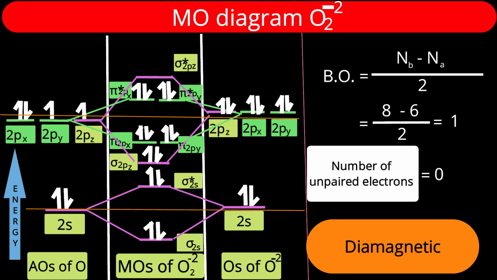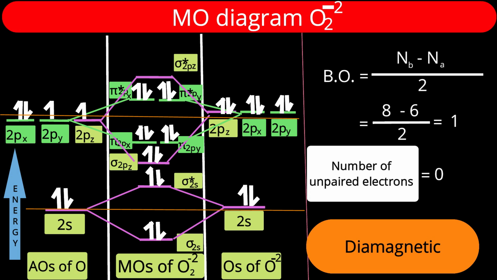Outermost electrons are in antibonding pi star 2px and pi star 2py. They are near to orbitals of O minus 2. Means if a chemical property deals with the outermost electron, then more contribution and more responsibility for that property will be of O minus 2. That's our anion, the oxo ion.